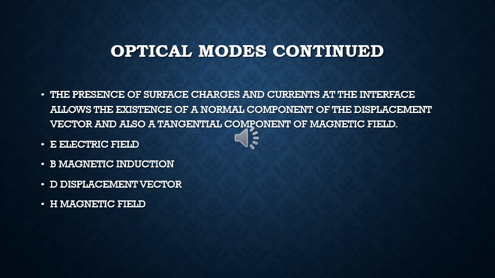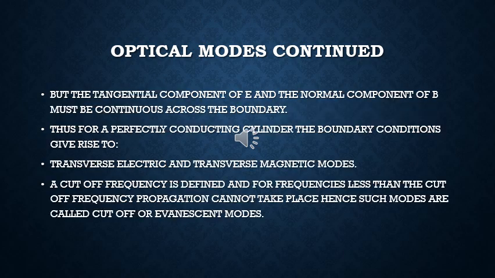Here I would like to clarify that E represents the electric field, B will always represent the magnetic induction, D represents the displacement vector, and it is H that represents the magnetic field. But the tangential component of E and the normal component of B must always be continuous across the boundary.